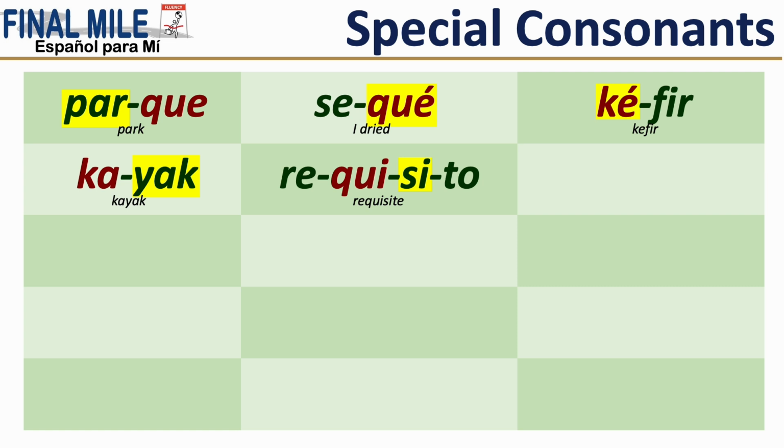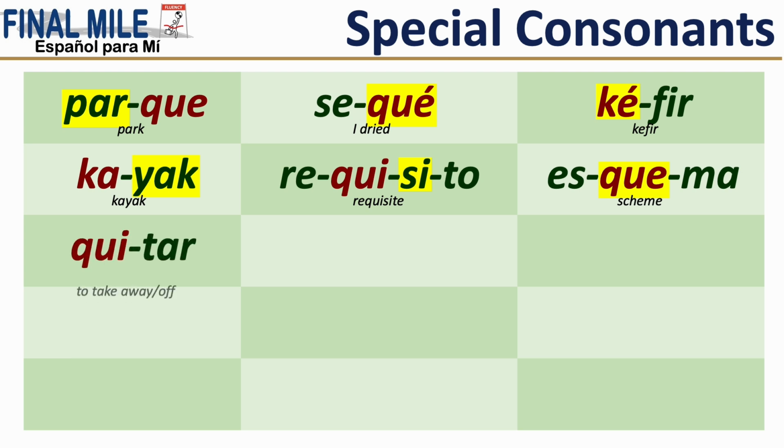Smile, requisito. Requisito. Esquema. The highlighted syllable has pronunciation emphasis. Quitar. Kimono.